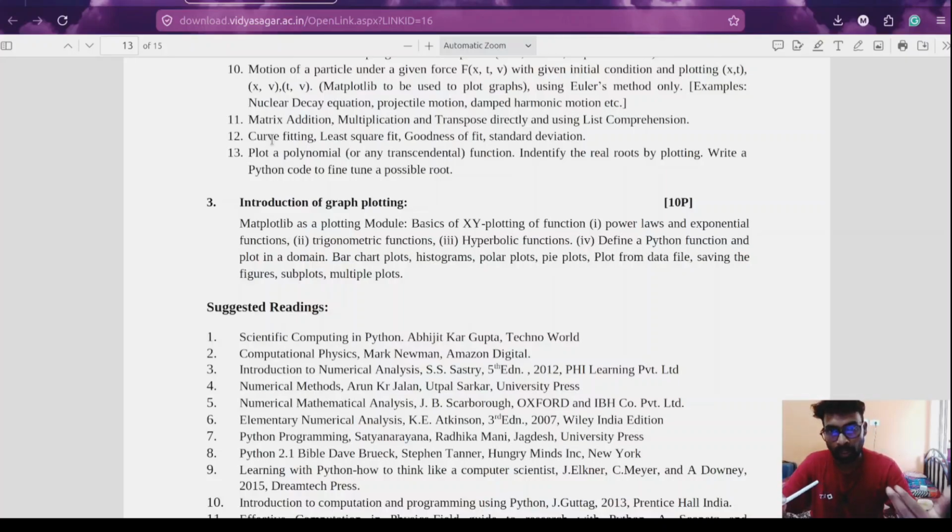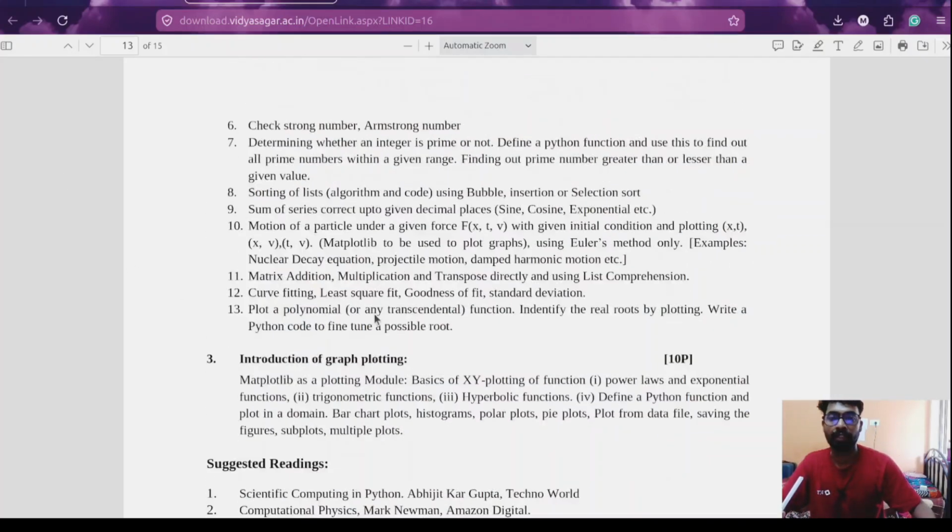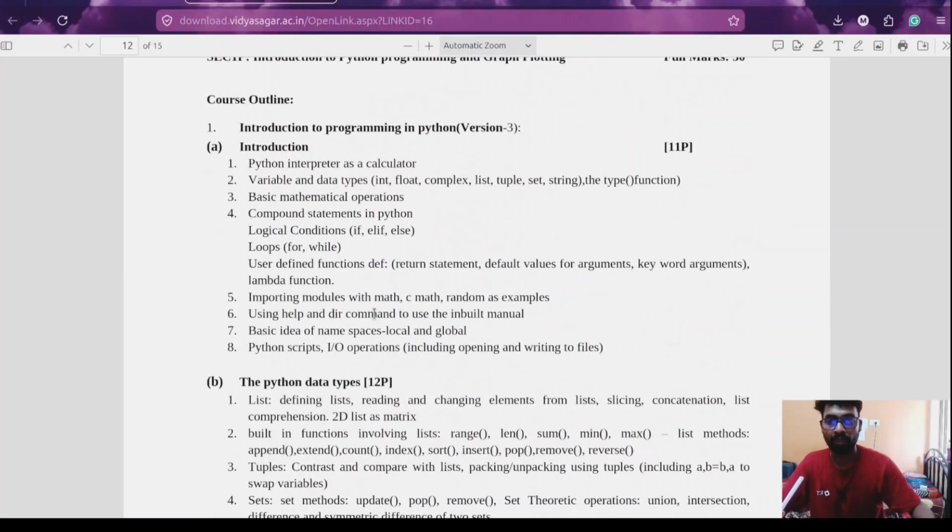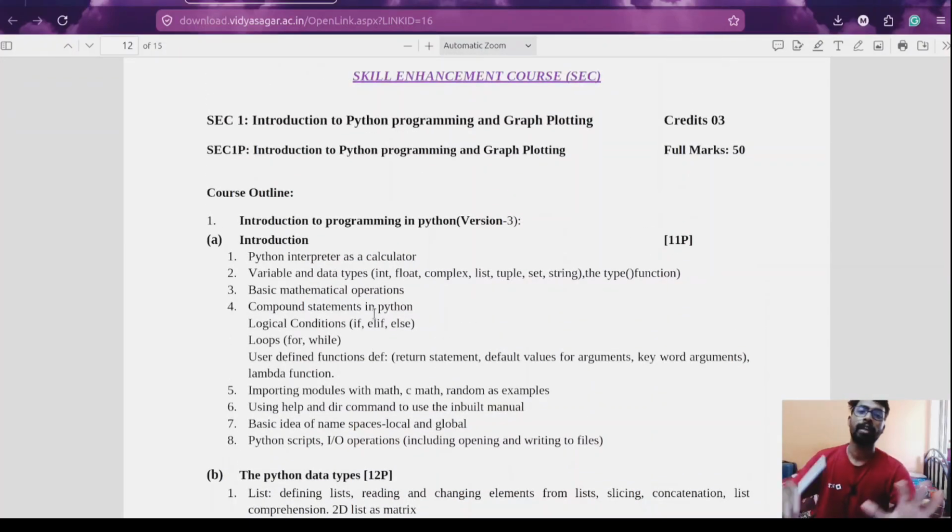We also have to learn subplots and multiple plots. These are the important topics basically. So, introduction to Python programming. Python is a very important tool to understand your physics course in the future also. I hope you understand better.